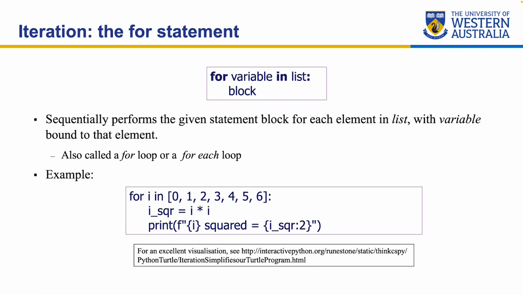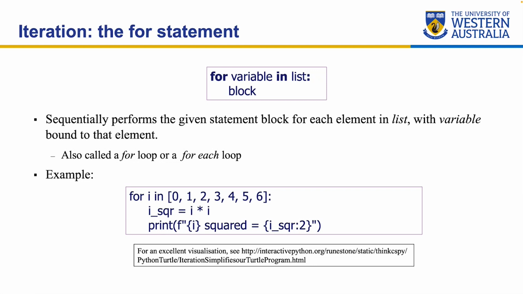So the variable is going to hold the values inside the list one by one, and then you perform the given code inside the block on the value variable. You don't actually have to use the variable, but often that's what we write the loop for, because if you don't need to use the variable, there are only a few occasions where that will be helpful. We call these a for loop or a for each loop.